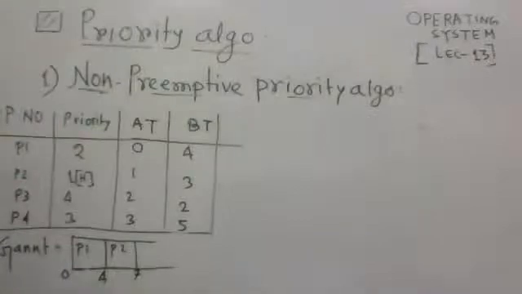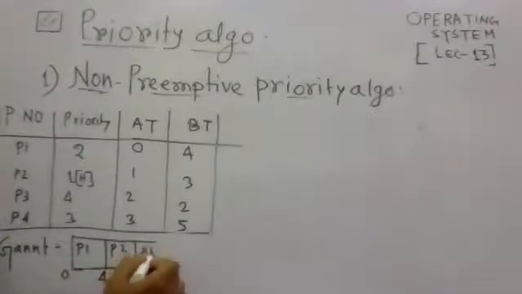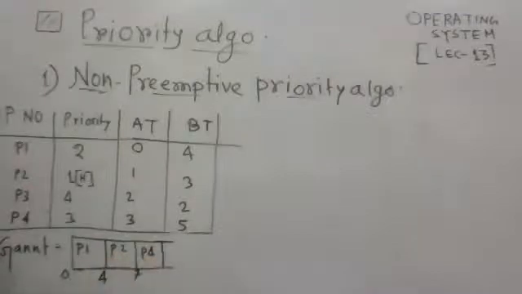So now P2 completed. Next we have in the ready queue P3 and P4, and the next highest priority is 3 for P4. So obviously we have to assign P4 next, and as the burst time of P4 is 5, we assign it for 5 time units.